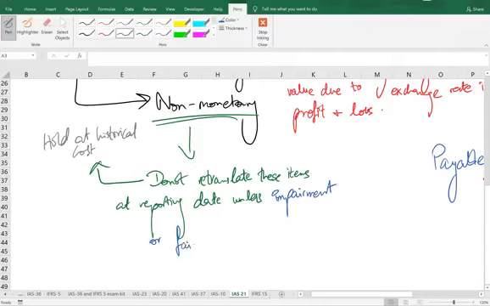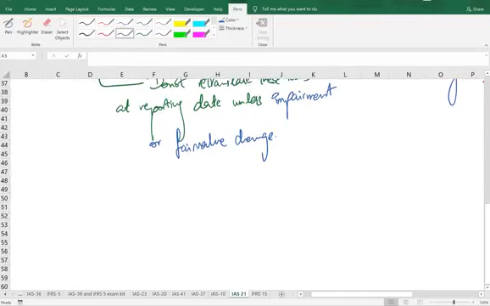Fair value change. Okay. Now, impairment or fair value change. Guys, remember, I won't make this example complicated, but trust me that this can get very complicated sometimes.